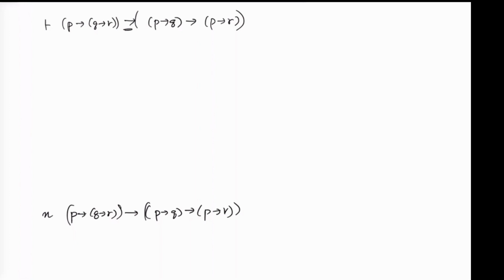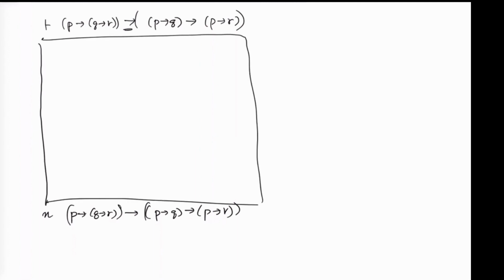Now, how do we prove this? We don't have a premise to start with, but if you want to prove the implication form, then the strategy I just introduced says you have a box, and assume P, the antecedent of this implication, with the consequent here. So this is your line 1, this is line N minus 1.